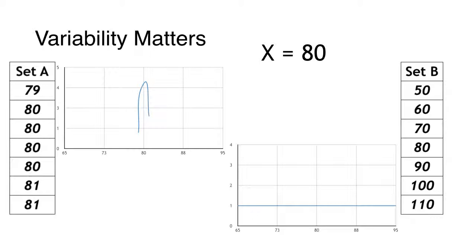And that shows a different picture of what happened than set B, where the mean is also 80, but look how spread out the scores were. There was only one person who scored each one of them, but it becomes very flat, very low kurtosis. And that tells me that I've got a huge variability in the scores. They went all the way from 50 to 110, whereas the one on the left is very tight. There's not much variability there to tease out.